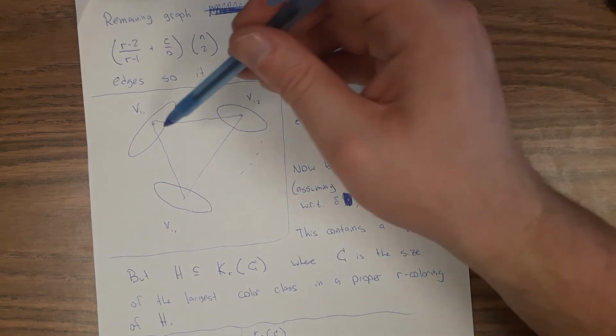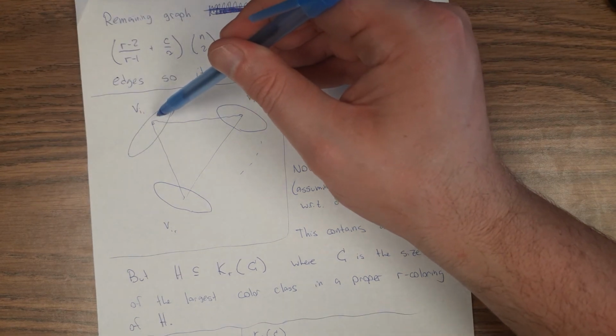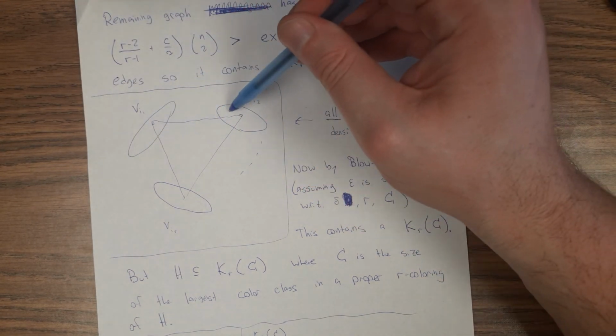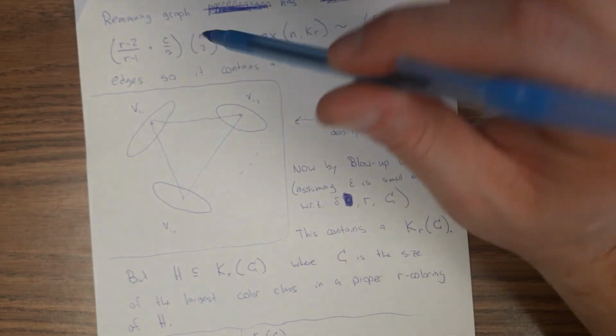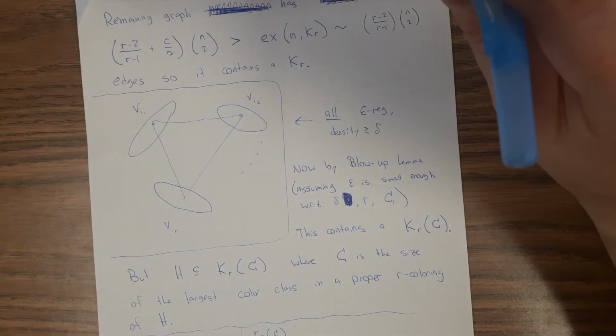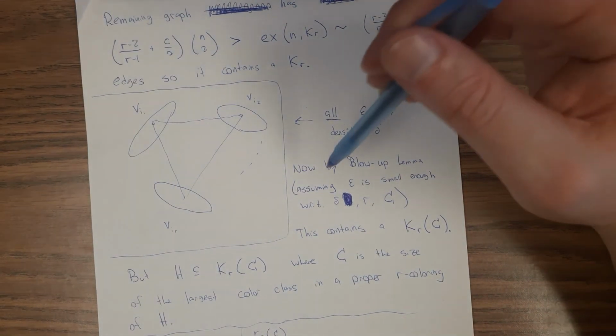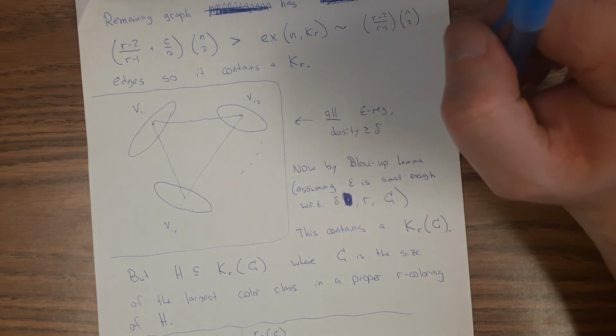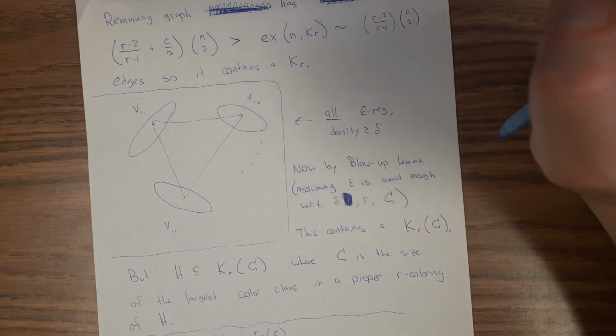If you restrict it to just these C vertices, just these C vertices, then it's a complete multipartite graph. And that's what the blow-up lemma gives us, whatever C is.